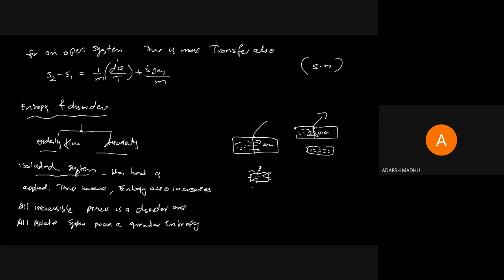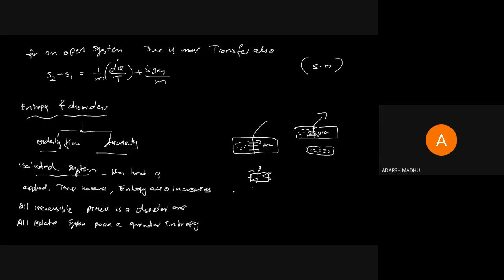It's a simple theory that all isolated systems possess a higher degree of entropy, because there is no transfer of heat or mass to the outside surroundings. When heat is applied, the kinetic energy of the molecules increases and they collide with each other, energy is produced, and thereafter entropy also increases. So all isolated systems possess a higher degree of entropy, and all irreversible processes possess disorder.